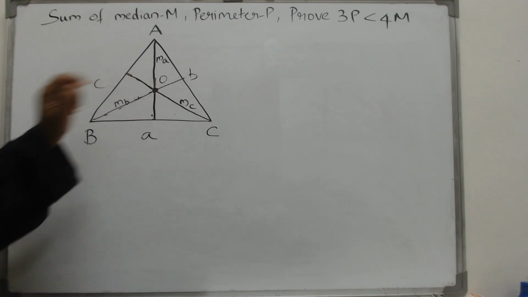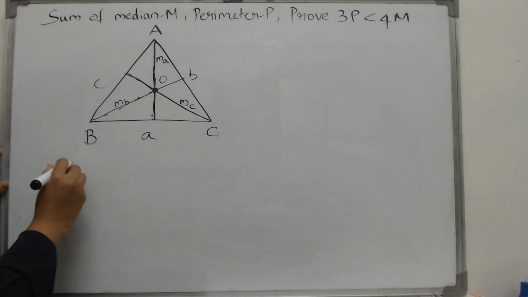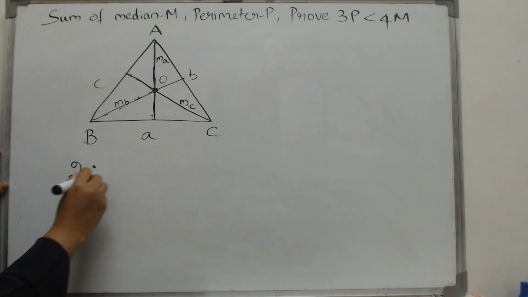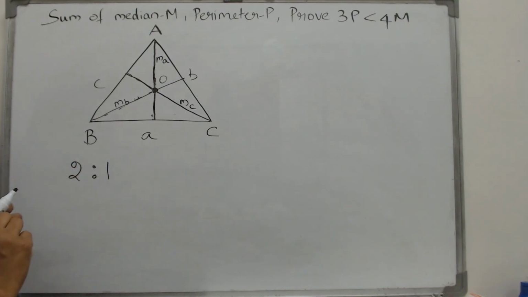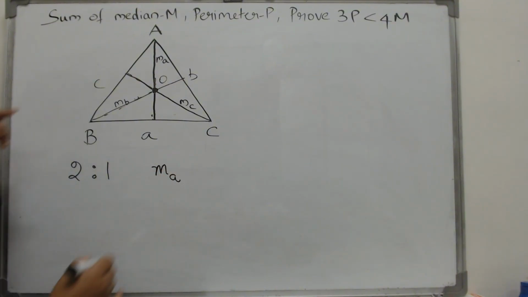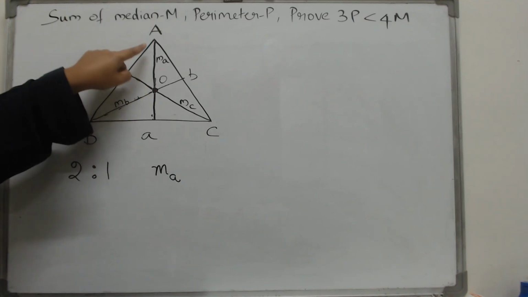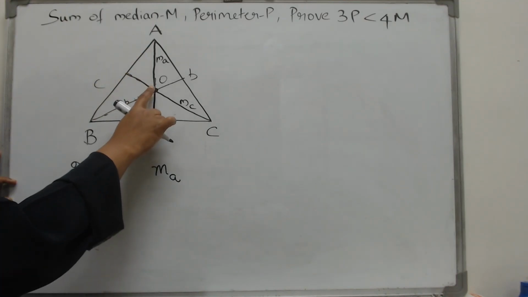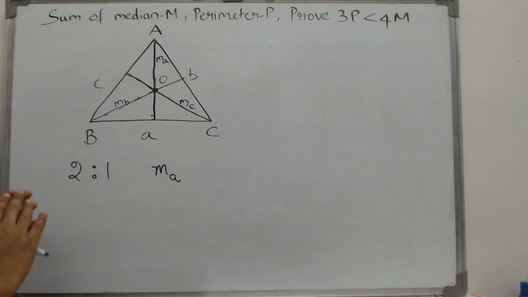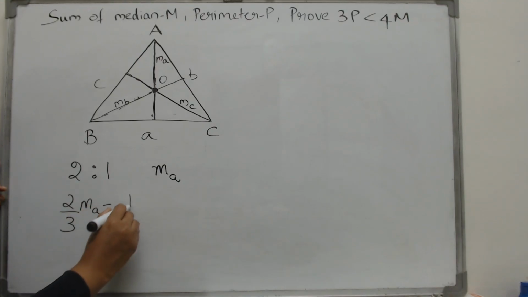Now what this centroid does is divide each of these three medians in the ratio 2:1. So that means, for example, if you take the median MA, which corresponds to the vertex A, what this point O does is divide it into two parts, one of which is going to be 2/3 MA, the other is going to be 1/3 MA.